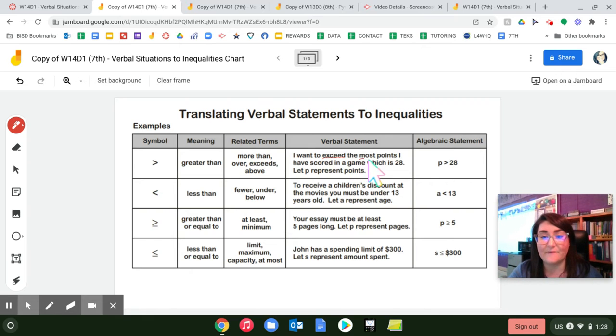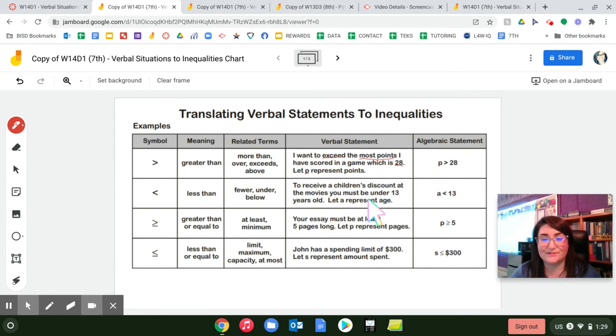You're exceeding the most points you've scored in a game. The most points you've scored is 28, and P represents your points. Those are all things you need in order to form your algebraic statement. We already know that this symbol means greater than. Whatever's on the left is going to be greater than whatever's on the right side. So P is greater than 28.